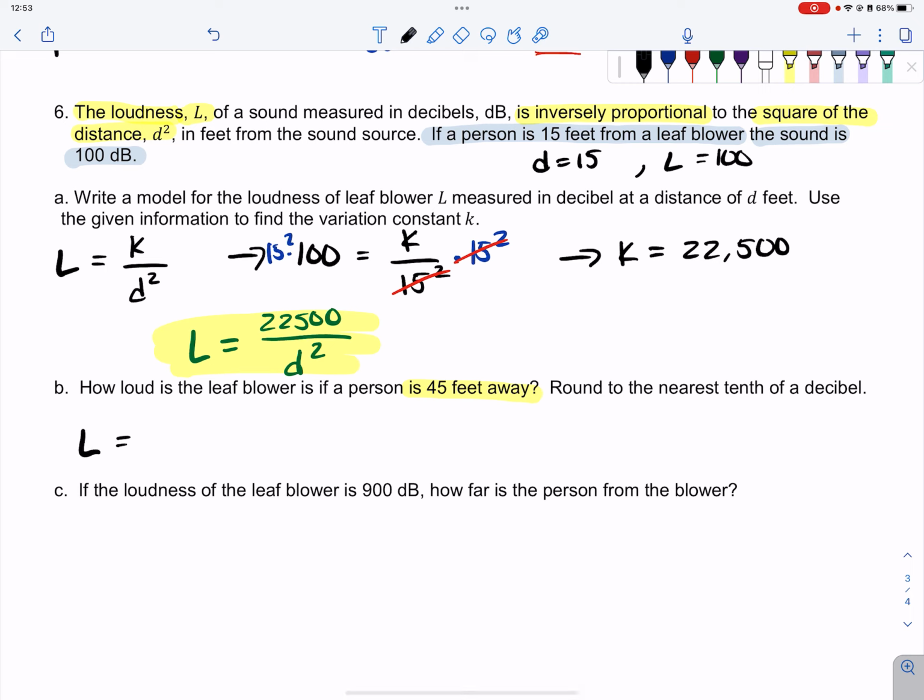So L is equal to 22,500 over 45 squared. If I round to the nearest tenth of a decibel, this gives us 11.1 decibels for our answer.